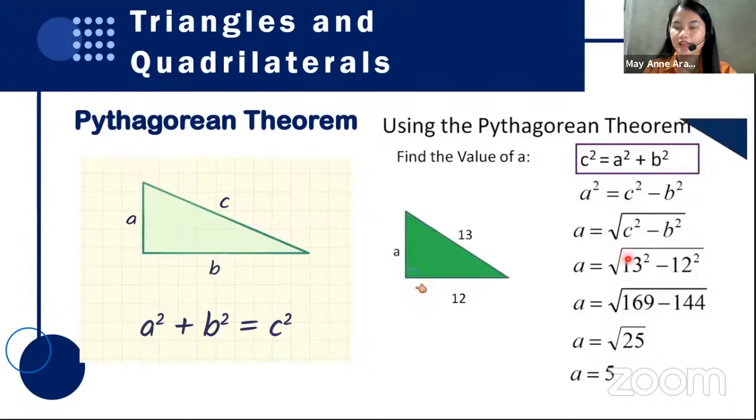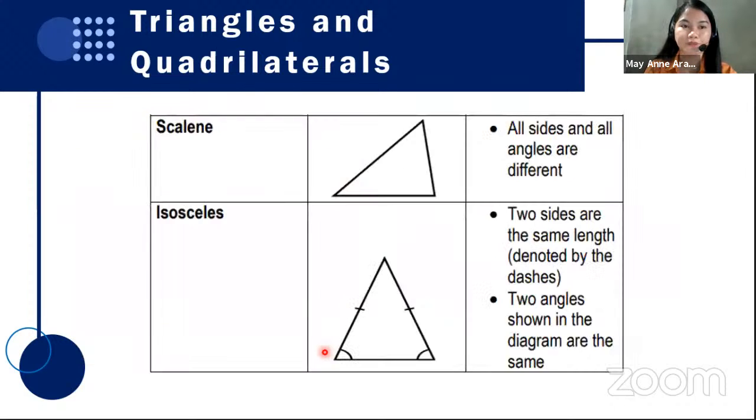So you have a is equal to the square root of the difference of the square of 13 and 12. 13 squared minus 12 squared. So simplify. You have 169 minus 144 is 25, and the square root of 25 is 5. And that is how you use the Pythagorean theorem to solve for the lengths of side of a right triangle.